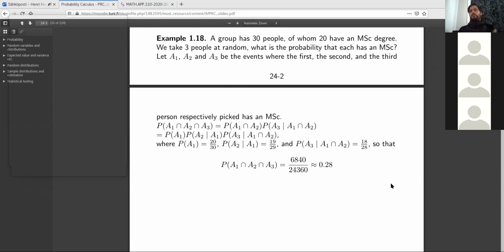Usually you wouldn't use conditional probabilities in a question like this. You would just jump directly to the idea that the first one is 20 over 30, then the next one is 19 over 29, and the third one is 18 over 28. And that's perfectly fine.